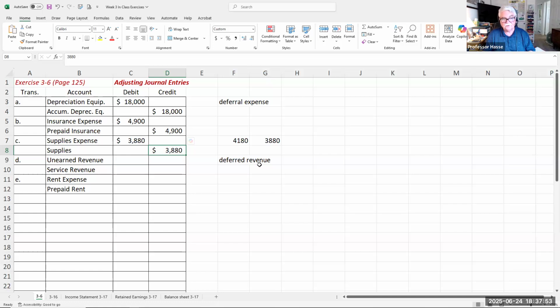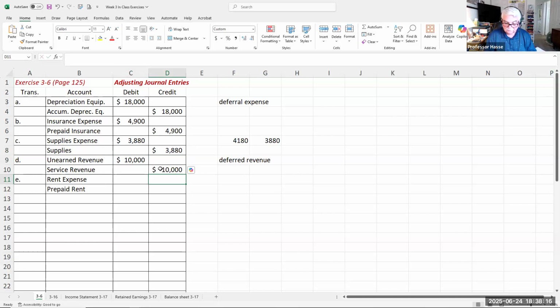Well, what's 2/3 of 15,000? I would guess off the top of my head, debit unearned revenue, $10,000, and credit service revenue, $10,000. So $5,000 remains as unearned revenue that has yet to be provided.